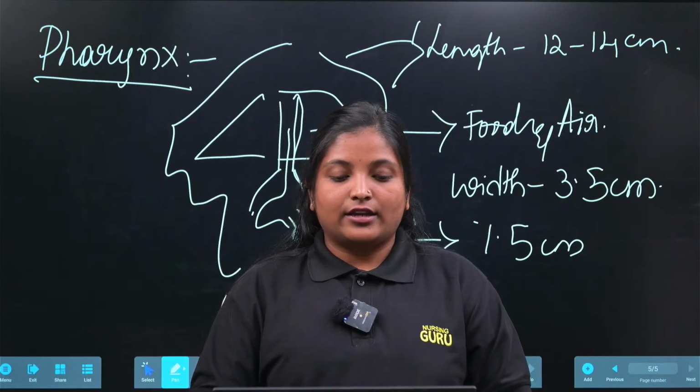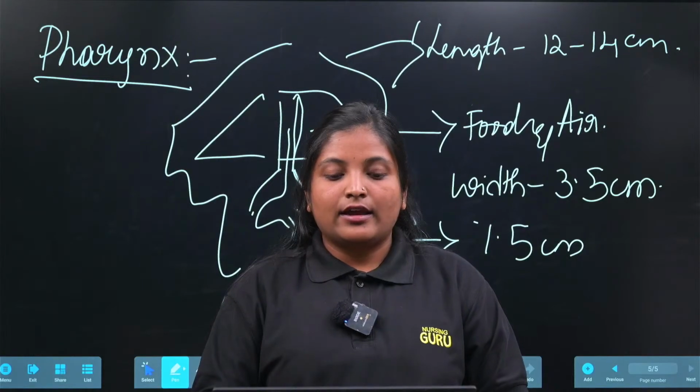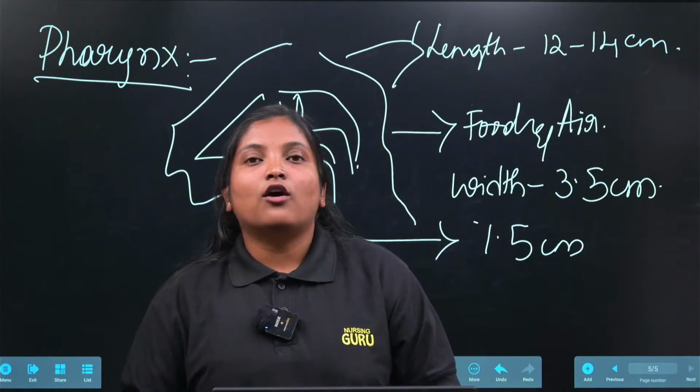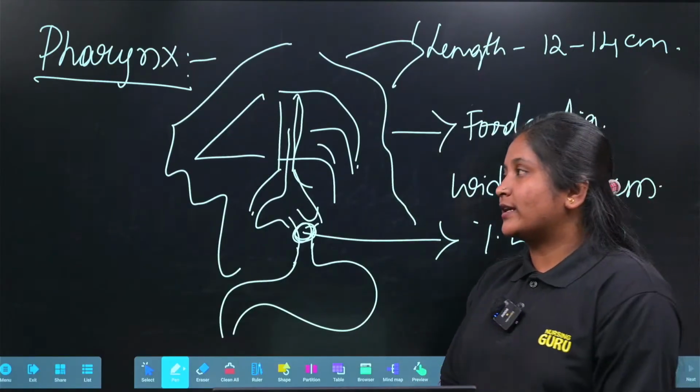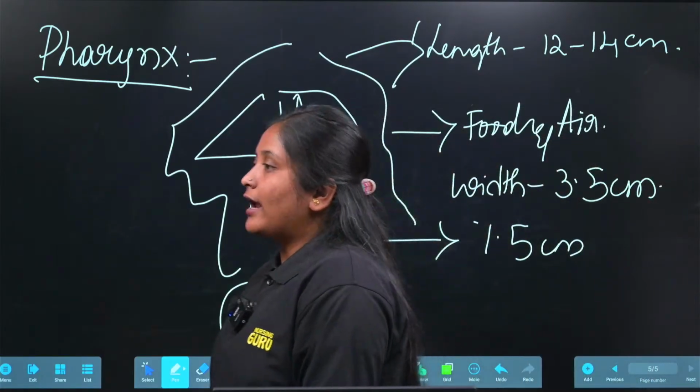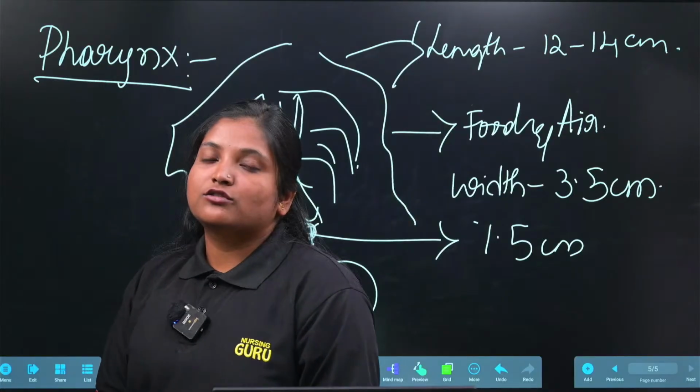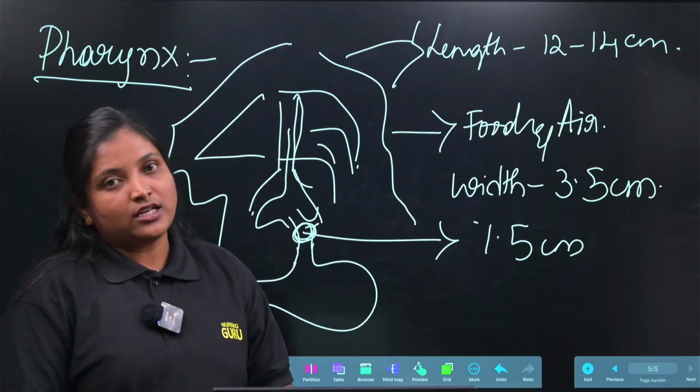Hope you are clear with the pharynx. The pharynx is a fibromuscular tube-like structure which starts from the base of the skull and ends in the esophagus.